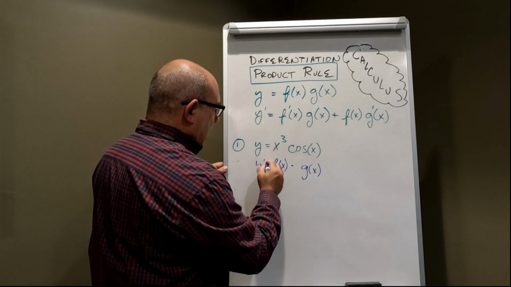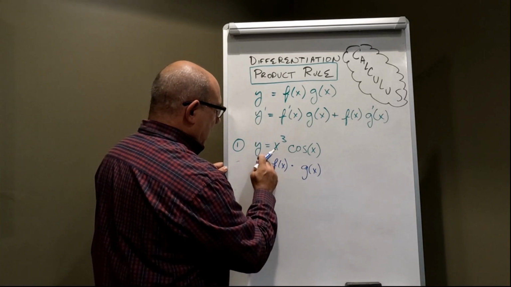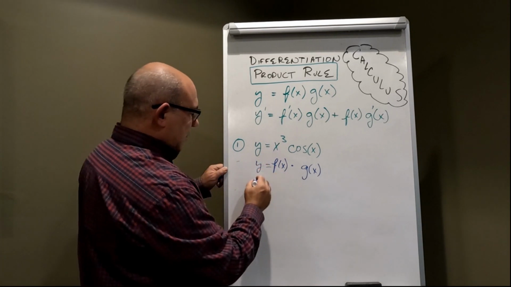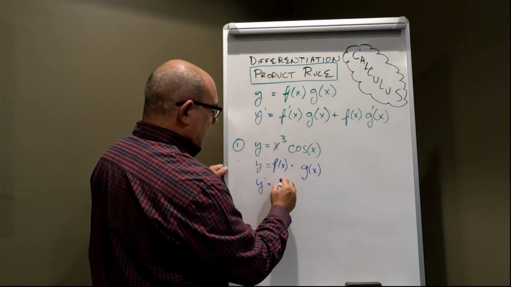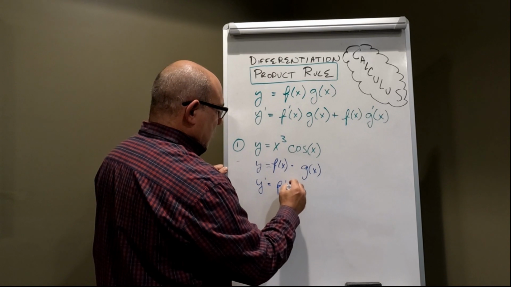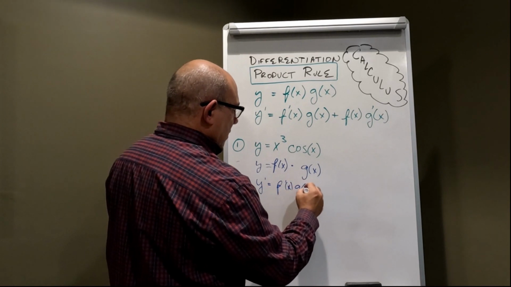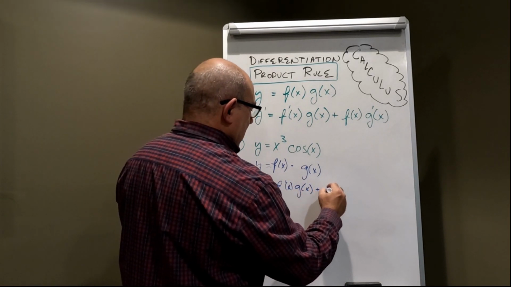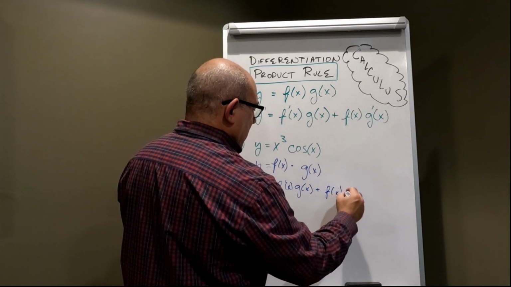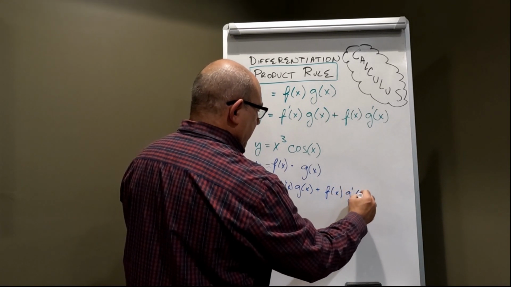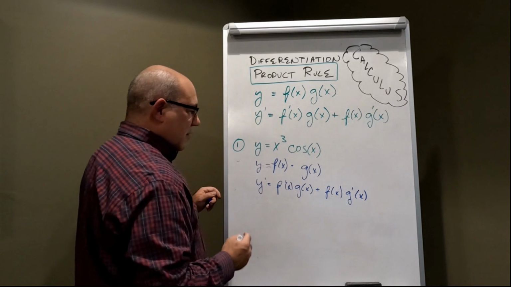So y equals f of x g of x. So y prime equals f prime of x times g of x plus f of x times g prime of x, where the prime is the derivative.